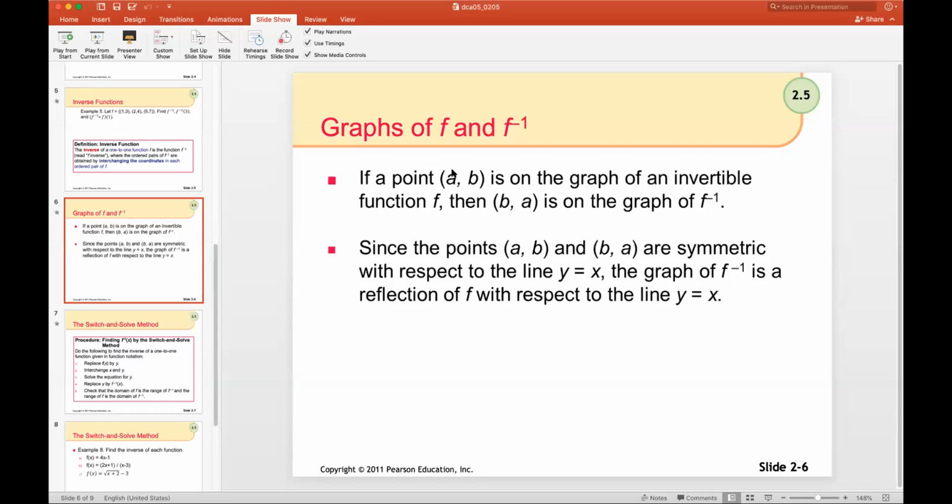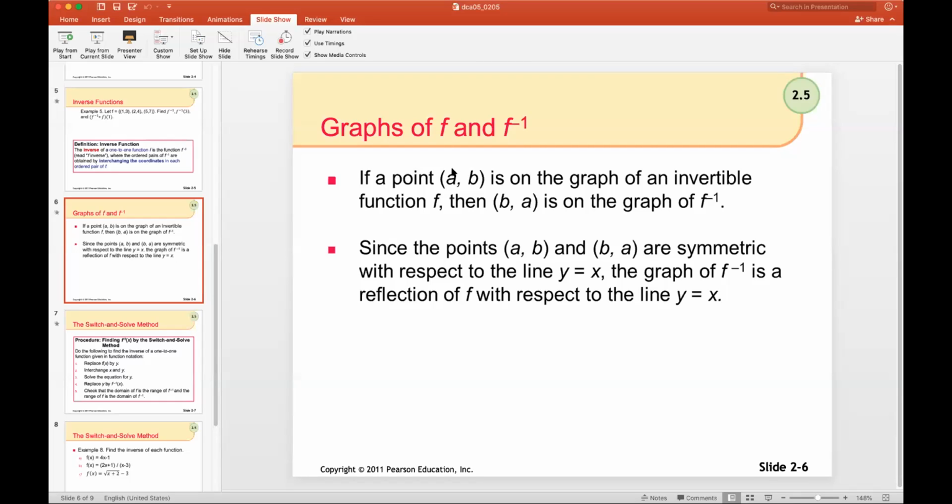If a point (a, b) is on the graph of an invertible function f, then (b, a) is on the graph of f inverse. It makes sense. And then (a, b) and (b, a) are symmetric with respect to the line y equals x. It means that the graph of f and the graph of f inverse must be a reflection about the line y equals x.